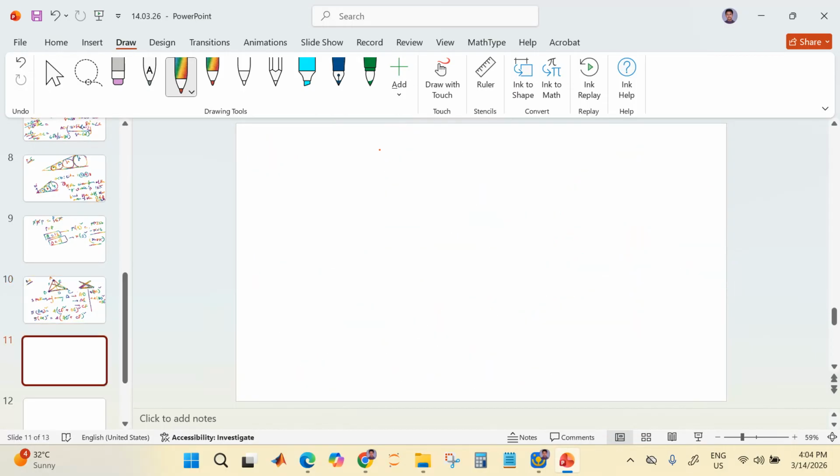ধরো একটা ট্রায়াঙ্গেল, মিডিয়ান কি জানো তো? What is median? Middle point joining between a point to a middle point of opposite side.